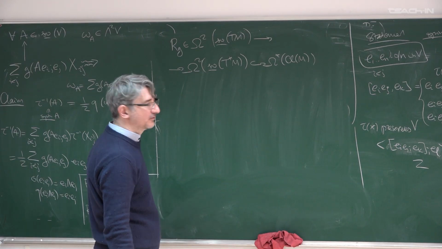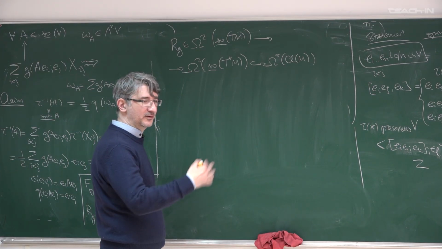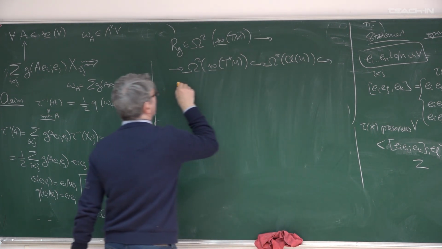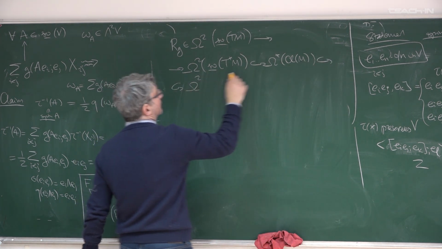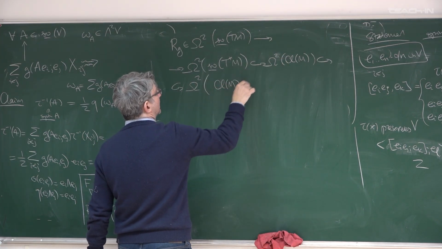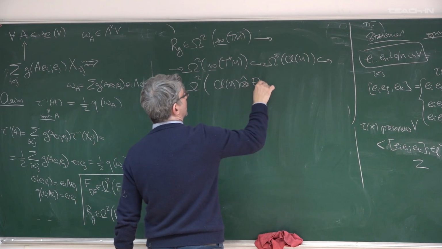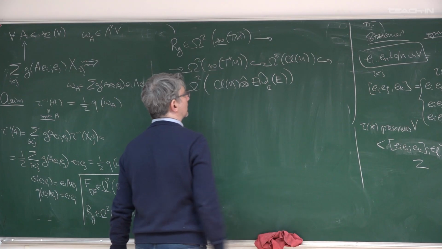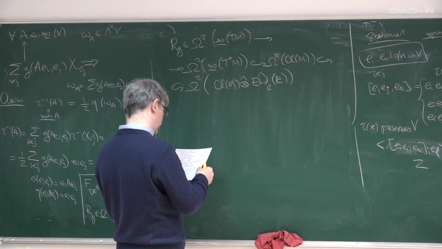Because SO is the same as spin, and spin is a part of Clifford, so we sit here, and then we embed it into two-forms with values in Clifford of M graded tensor product with endomorphisms of E. Okay.